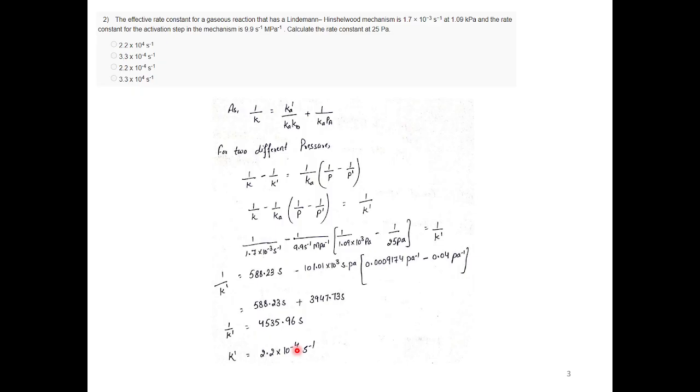So for 25 Pascal, the rate constant is coming around 2.2 into 10 to the power minus 4, right? Please let me know if you have any questions about this, you can just make a comment in the comment section of the YouTube video.